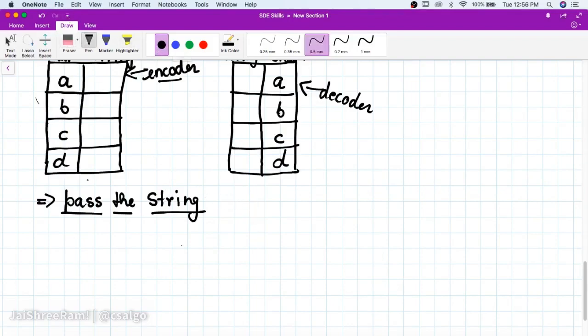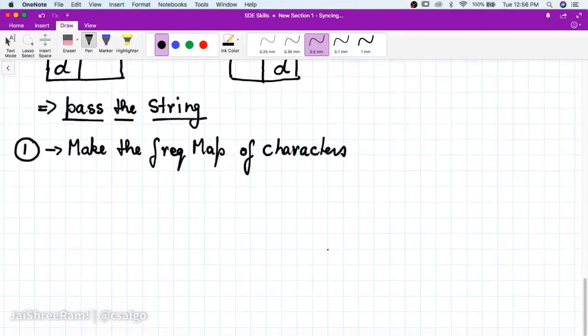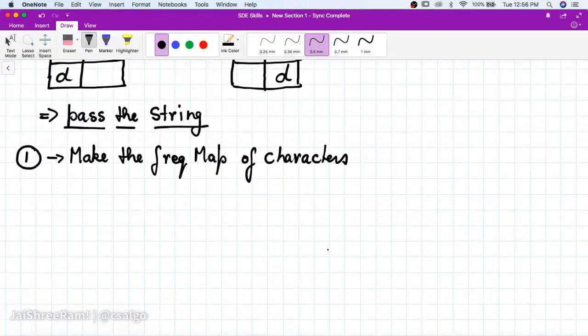Now, after passing the string, what we need to do is make the frequency map of the characters. Let's say we know how to make a frequency map. We have done it earlier also, and you now know the basics of hash maps.